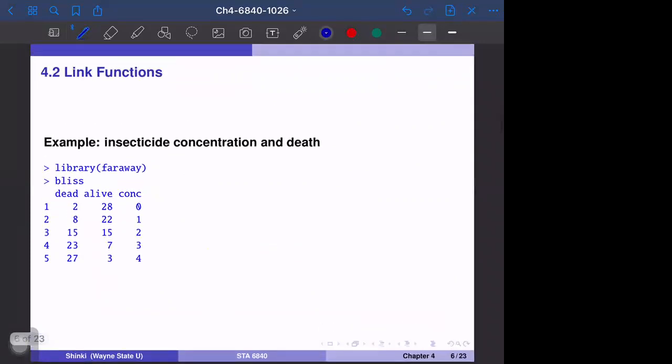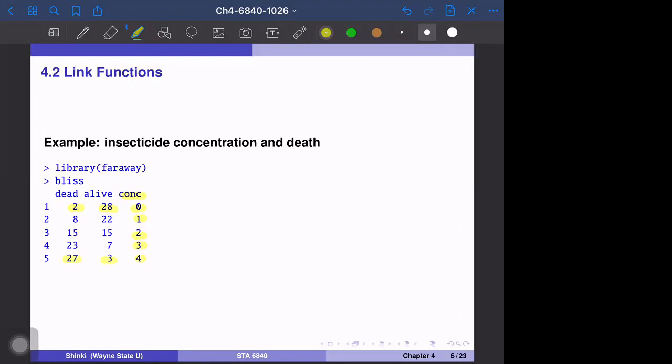Okay, so now an example: insecticide, the concentration and death. The insecticide concentration is at 5 levels, 0, 1, 2, 3, 4. Then we have the number of observations. For concentration 0, 28 out of 30 survive and only 2 die. But for concentration 4, only 3 survive and 27 are dead.